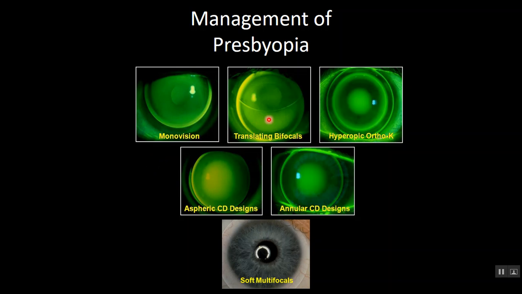We have translating multifocals where the upper hemisphere may be devoted for distance, the lower for near. When the patient looks down to read, the lens hits the lower lid. This transition line moves up above the margin of the pupil, and the patient gets well into the near portion down below.